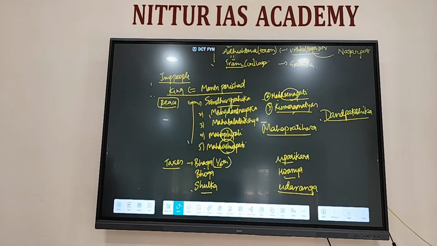Next we write down Hiranya. It is a tax paid in lieu of the army moving or passing through the villages.